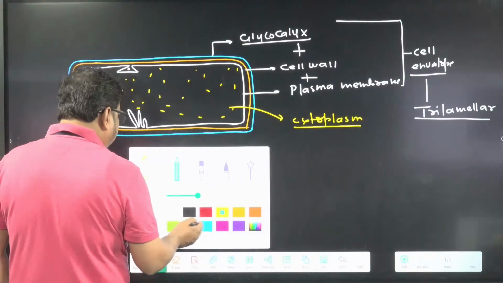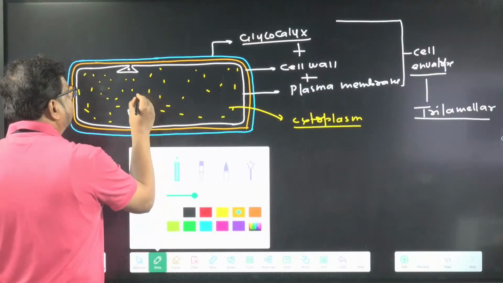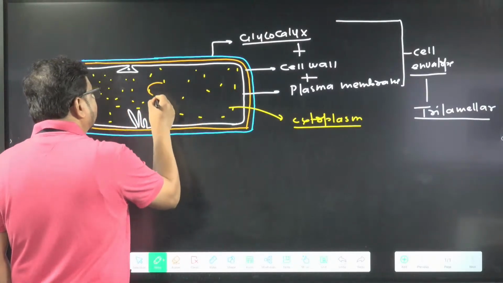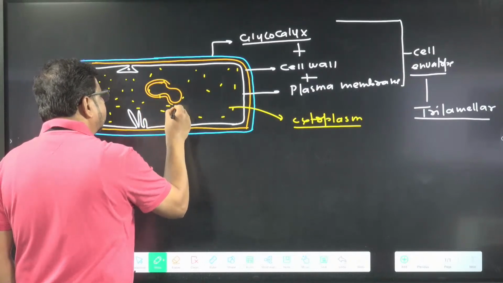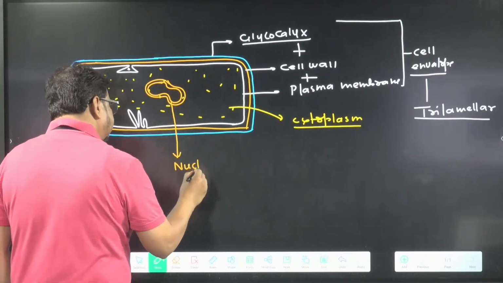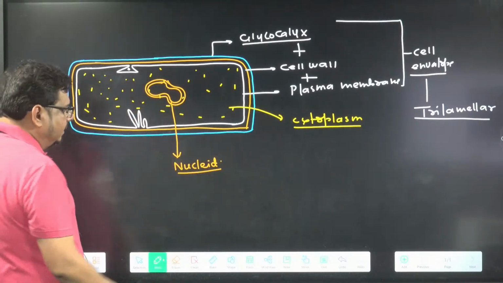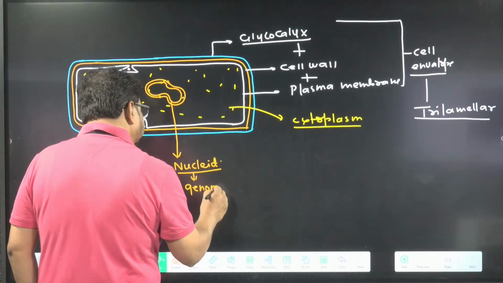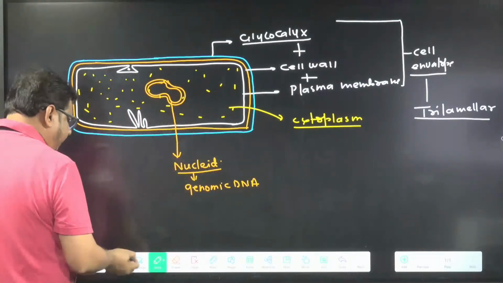Inside the cytoplasm you will find a single circular genetic material, and that is called nucleoid. Nucleoid is genomic DNA. Understanding the idea?